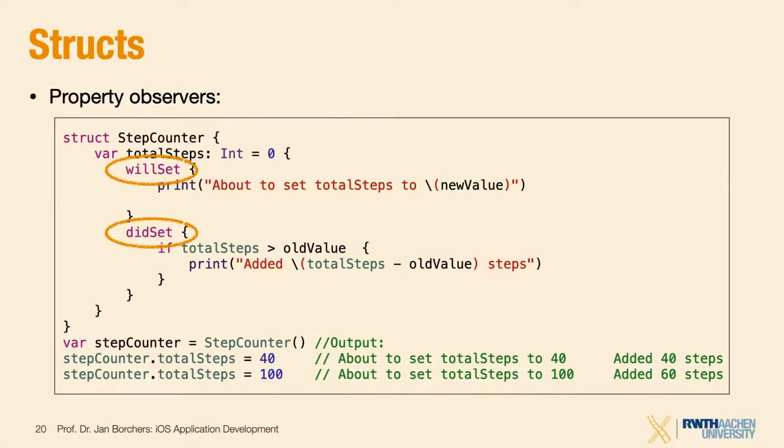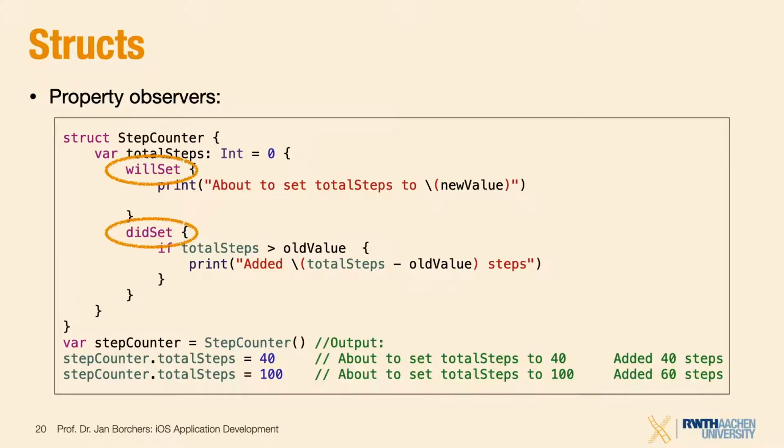So it looks a bit like a computed property, but it's not. Instead, it has two special sections, a willSet and a didSet section. These sections will get executed before or after the value gets changed or set.